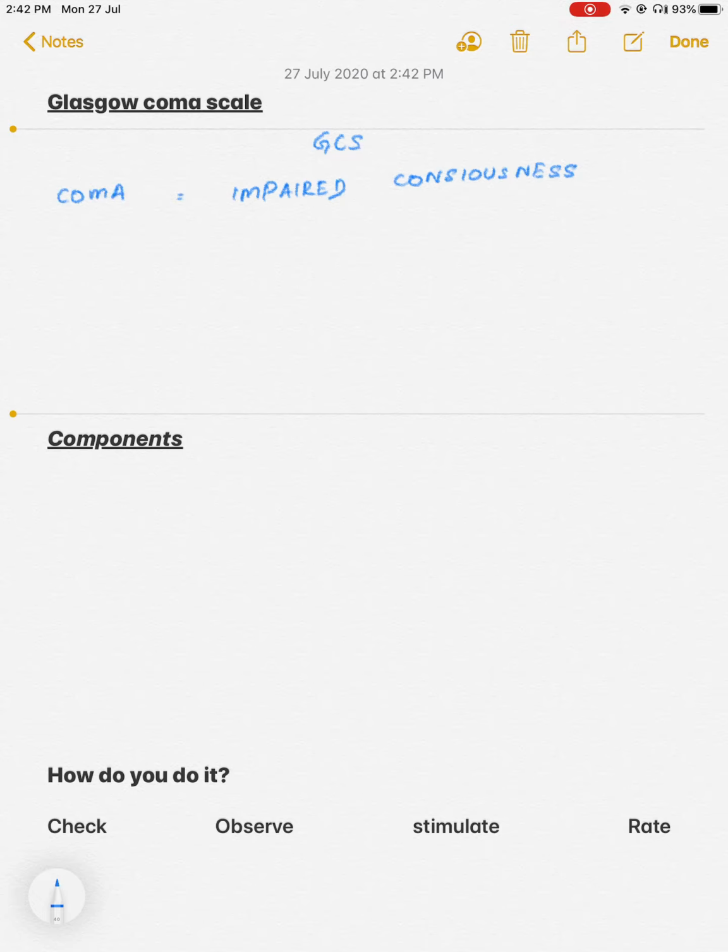So GCS was described in the year 1974 by Teasdale and Jennett. Why they did this was they needed a coma score as a practical method to assess the impairment of consciousness.